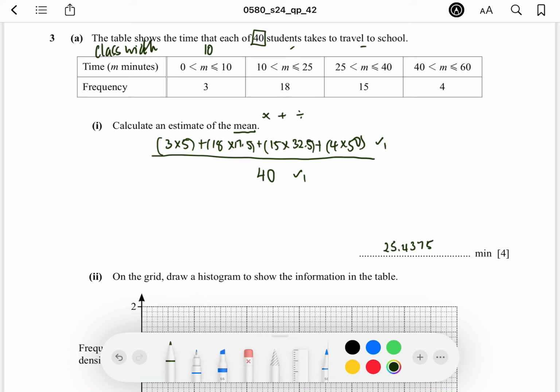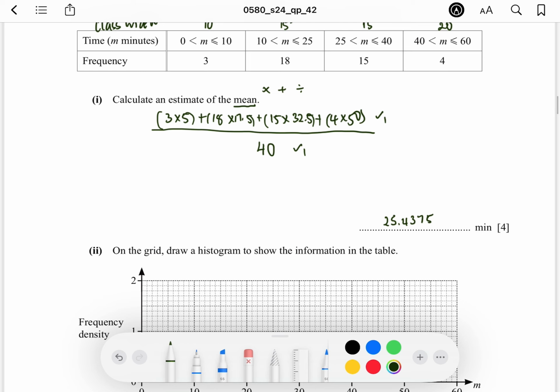Between 10 to 25 ada berapa? 15. Next. 15. Sini. 20. So artinya memang in the equal lah. So artinya how would you find the height?